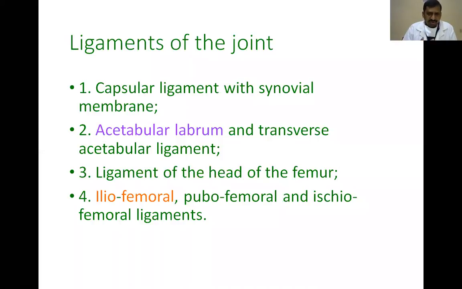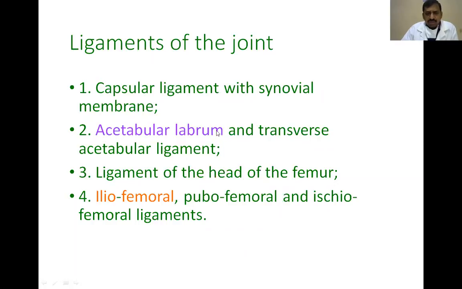It maintains lubrication, prevents friction and painful movements, and it also nourishes some structures present within the joint. So that is the importance of the capsular ligament and synovial membrane.